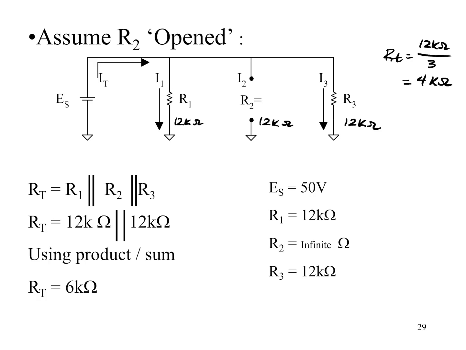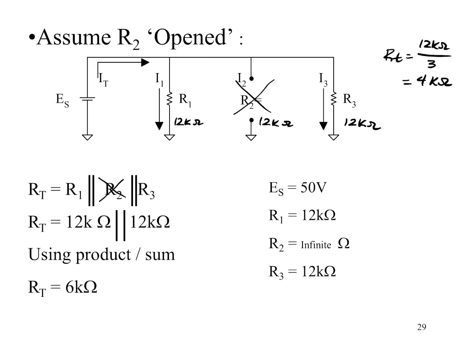The thing we need to understand in a parallel arrangement is that when we remove one of the paths for current to flow, we end up with a greater resistance or a greater opposition. And that's reflected in the inverse current and opposition relationship. If there's less current, there has to be more opposition or more resistance. So removing a path causes the resistance to go up. And we can see that over here, because now we have no middle branch, and we're only left with branch 1 and 3.